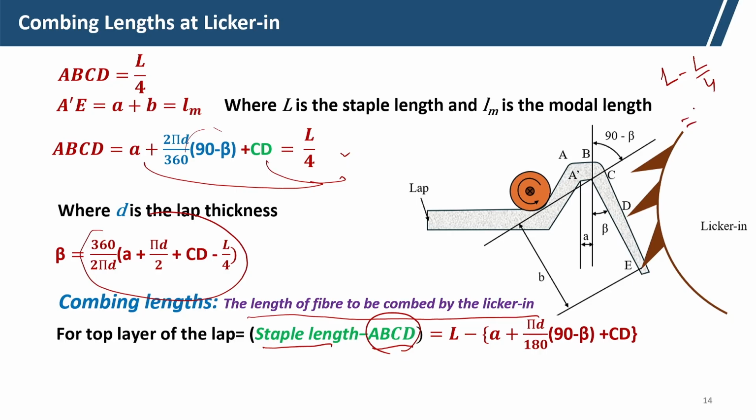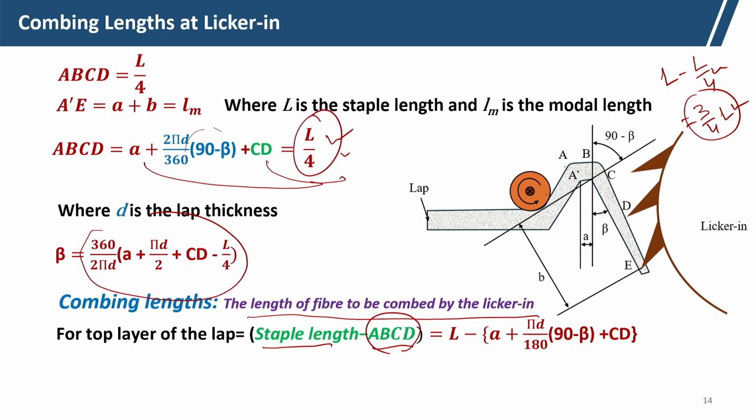So, 3 by 4 L, the rest 3 by 4, is the combing length. This is an average, approximate value. This is the length we get to comb.